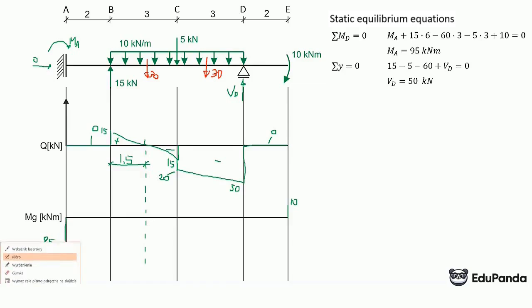So 1.5 times 15 times 1/2. That is 7.5 times 1.5. We are calculating now, so 11.25. The area of this triangle is the same. The area of this trapezoid, A plus B times H divided by 2. So 70 times 3 is 210 divided by 2 is 105.